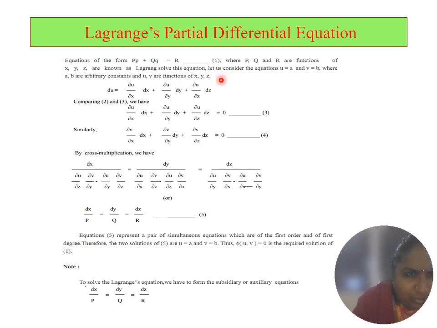So consider du equal to dou u by dou x into dx plus dou u by dou y into dy plus dou u by dou z into dz. Comparing these, we have dou u by dou x into dx plus dou u by dou y into dy plus dou u by dou z into dz equals 0. After solving these differential equations, we get the subsidiary equation of the form dx by P equal to dy by Q equal to dz by R.